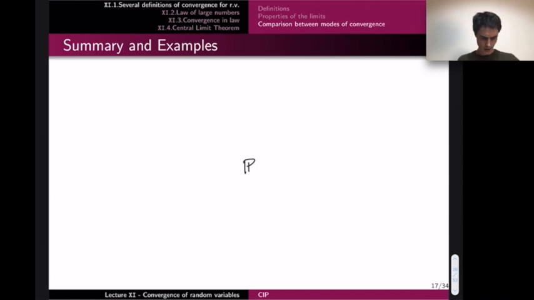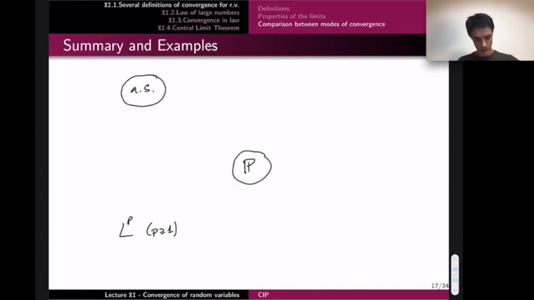I have convergence in L^p here, for some p greater or equal to 1. And I have almost sure convergence here. That's my three kinds of convergences. I've told you already that there will be a fourth kind of convergence here, which I will discuss later.